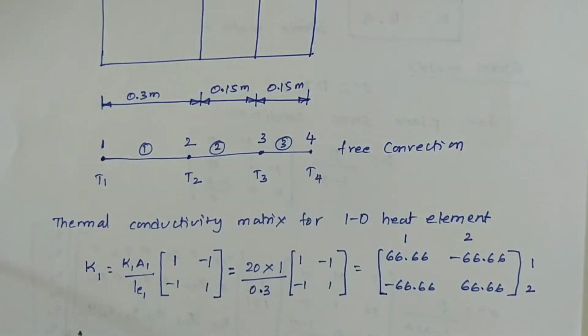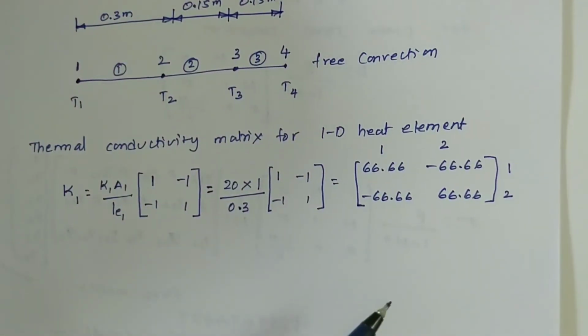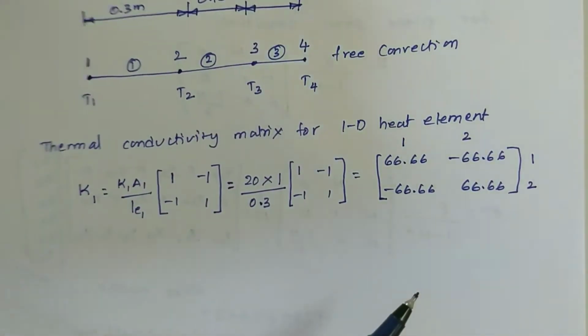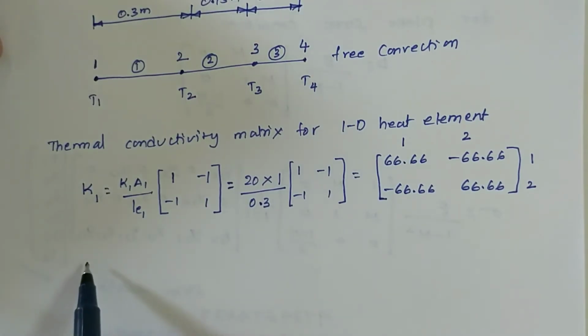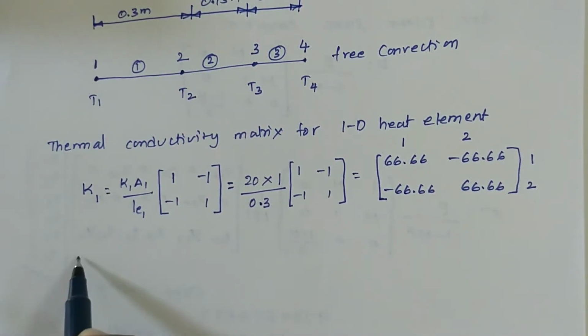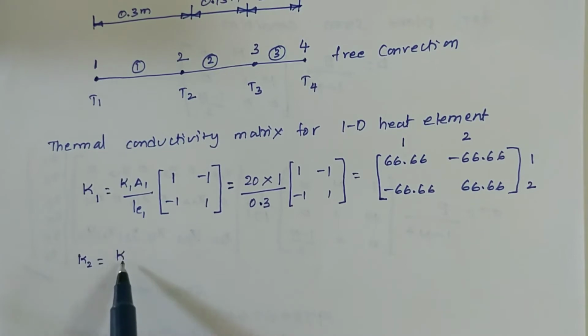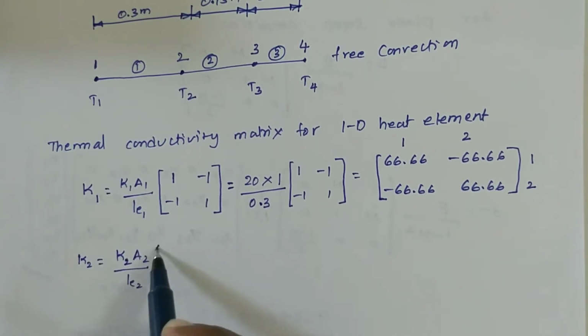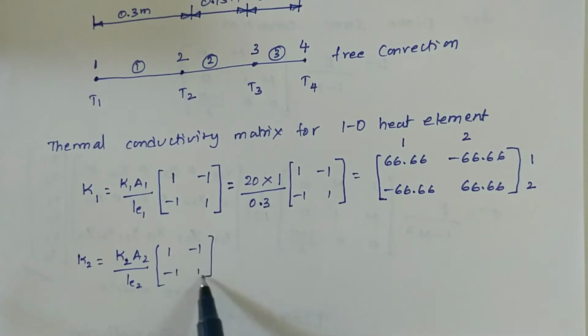In a similar fashion, now we have to write the conductivity matrix for element 2. K2 can be written in the same way as K2 A2 divided by LE2, the length of element 2, times plus 1, minus 1, minus 1, plus 1.